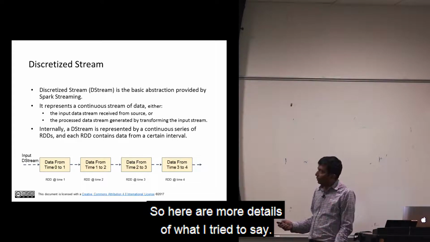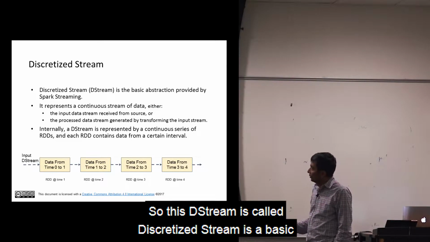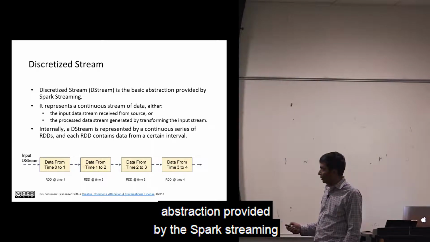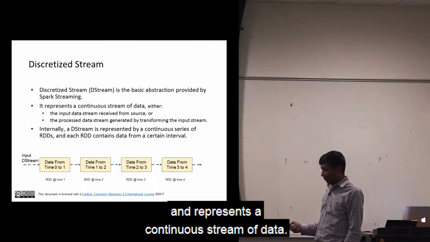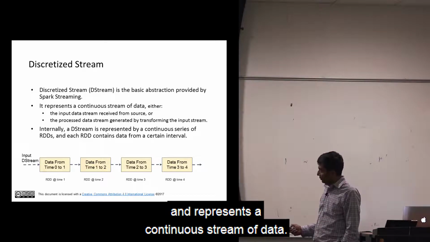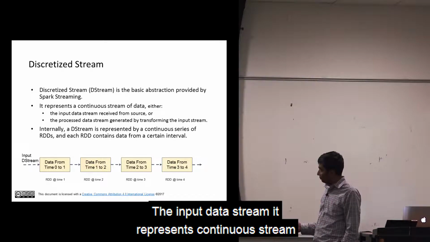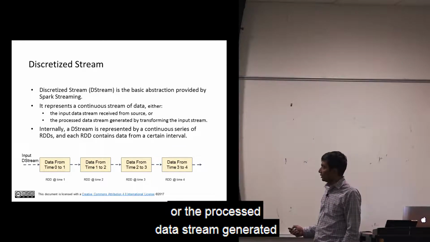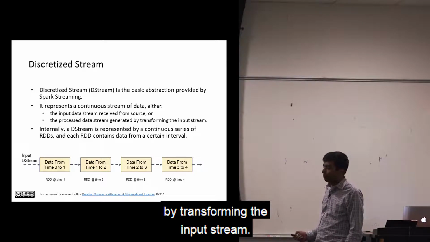So here are more details on what I'm trying to say. The D stream, called a discretized stream, is the basic abstraction provided by Spark Streaming. It represents a continuous stream of data, either the input data stream received from the source or the processed data stream generated by transforming the input stream.